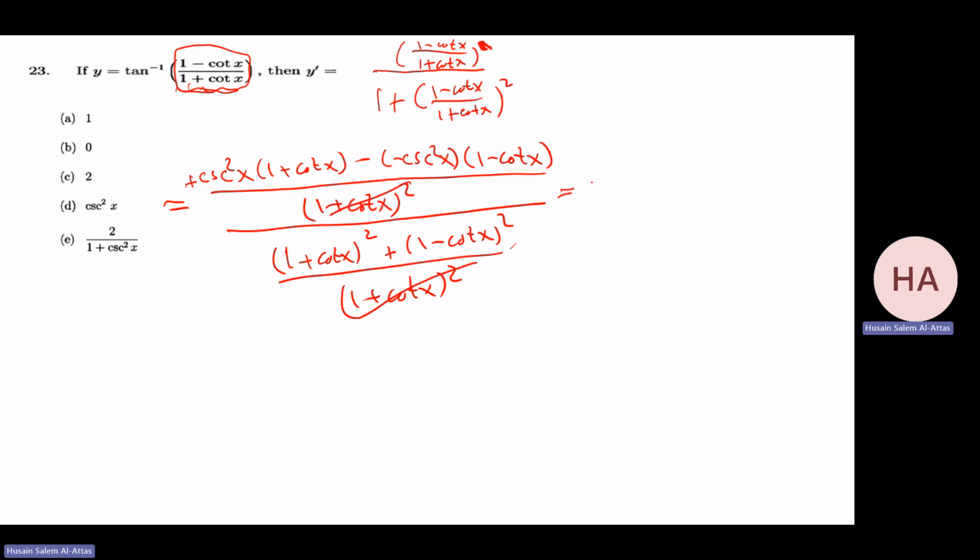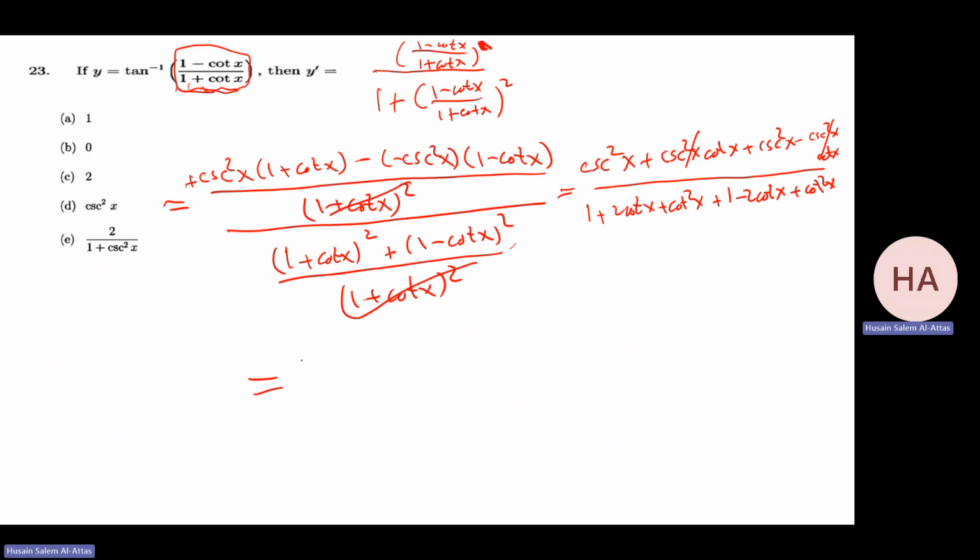So in the numerator I have cosecant square plus cosecant square cotan x plus cosecant square minus, minus times minus, cosecant square cotan x, which is cancelled with this, over 1 plus 2 cotan x plus cotan square plus 1 minus 2 cotan x plus cotan square.